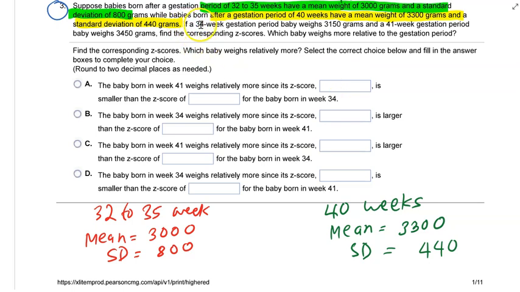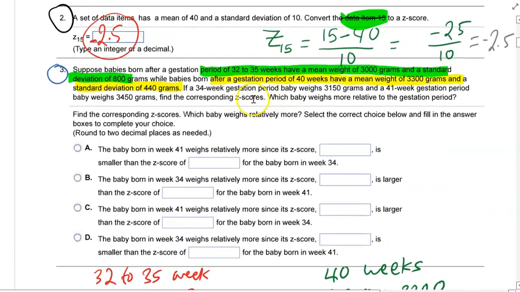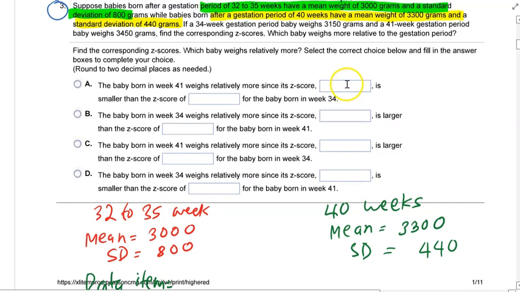If a 30-week gestation period baby weighs 3150 gram and a 41-week gestation period baby weighs 3450 gram. Okay, listen, this is the data item. 3150 gram is the data item here for the baby who was born at the earlier gestation. Therefore, I should say in this case the data item here is 3150, right?